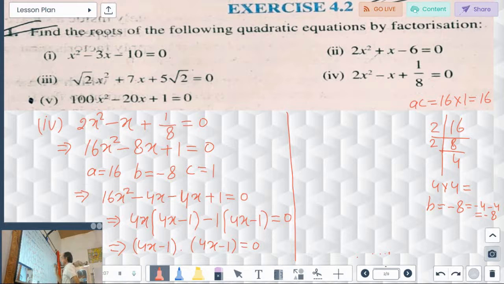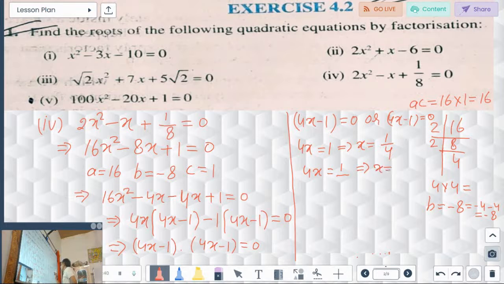There will be a factor of x. 4x minus 1 equal to 0, or 4x minus 1 equal to 0. Now 4x equal to 1, x equal to 1 by 4. Again 4x equal to 1 and x equal to 1 by 4.